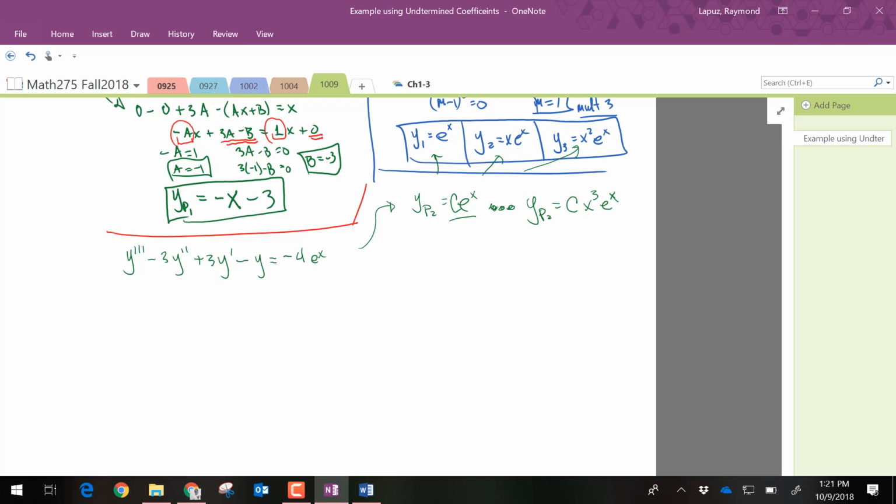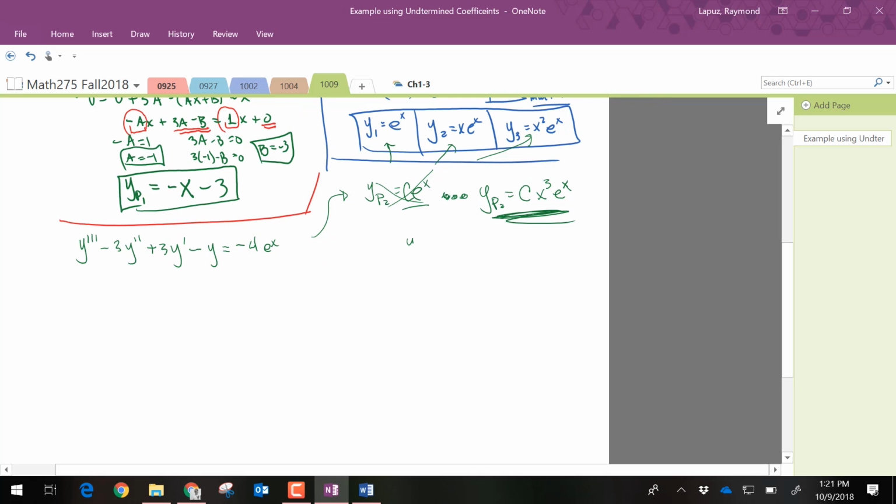So this is our guess, which means we need to take 3 derivatives. Oh, I don't like this problem anymore. We need to take 3 derivatives, and they all involve product rules, so let's be careful with that.